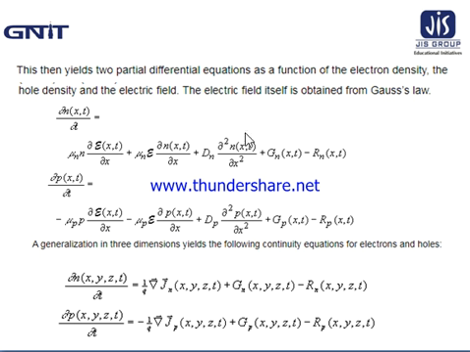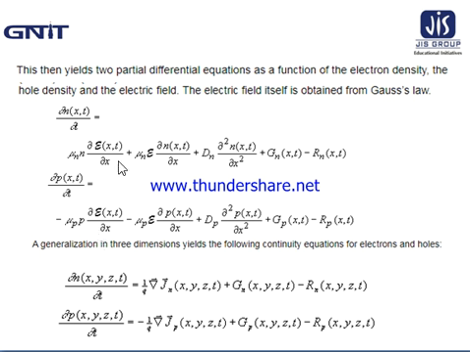Here the electric field, which is obtained from Gauss's law, is given by: del n(x,t) by del t equal to mu n del E(x,t) by dx plus mu n del n(x,t) by del x plus Dn del square n(x,t) by del x square plus generation rate Gn(x,t) minus recombination rate Rn(x,t).